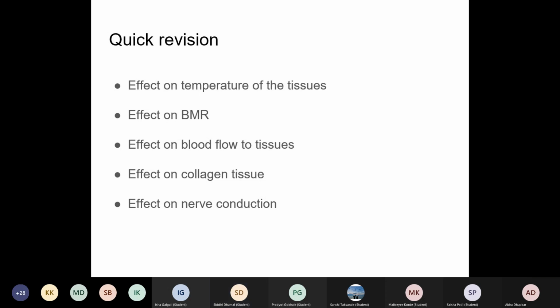If your pain is blocked, your muscles are going to relax. If your muscles are relaxed, the spasm is gone. Again, pain is reduced. And all this along with the heat itself is going to lead to a sedative effect.